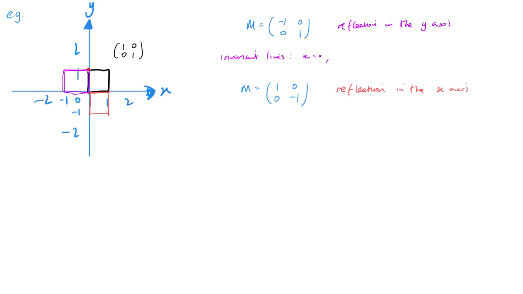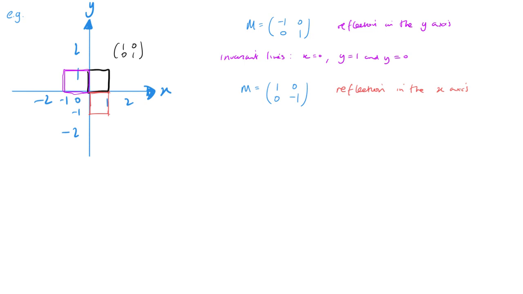And then these two lines, y equals 1 and y equals 0. So those lines are unchanged.